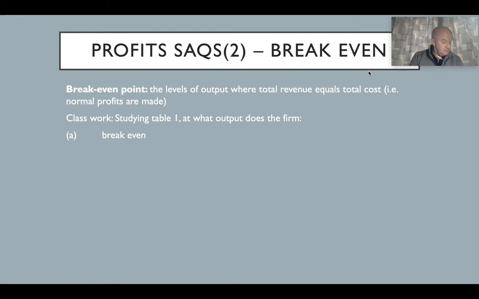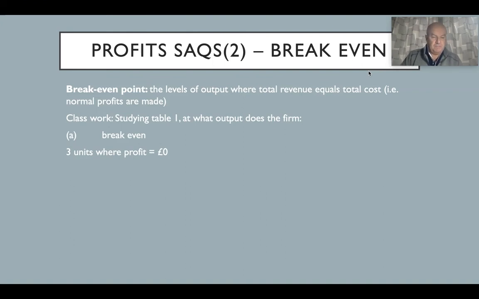To calculate break-even, we need to find where total revenue equals total cost. At 3 units our total revenue is 75, our total cost is 75. So at 3 units we're making no profit at all, i.e.